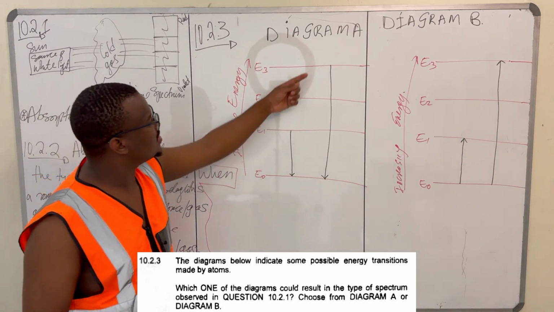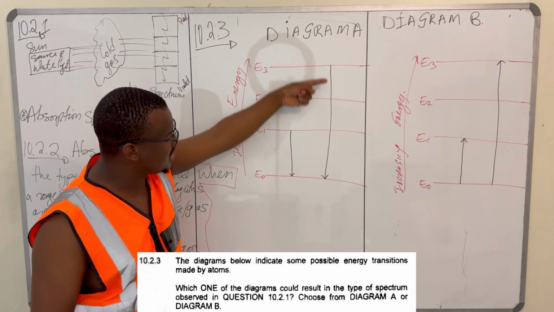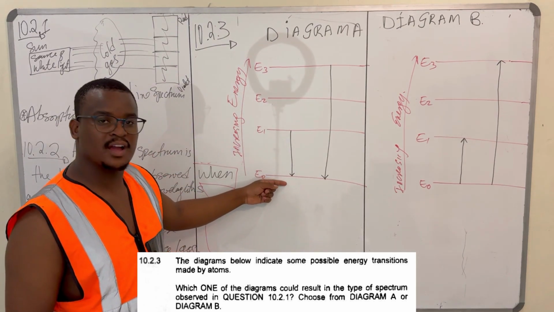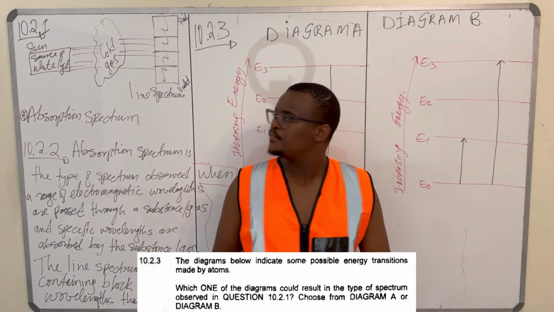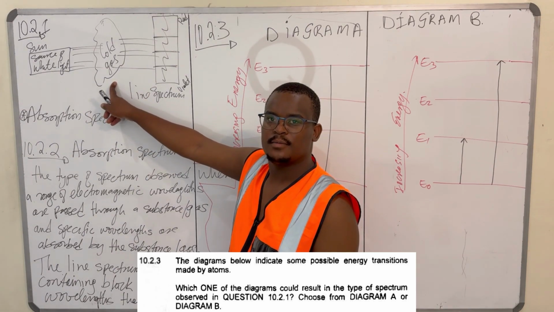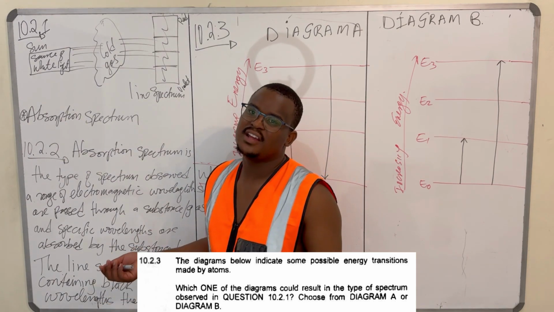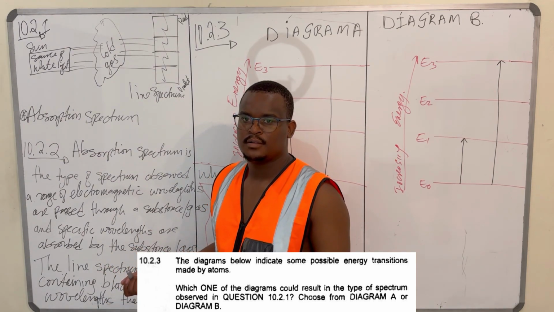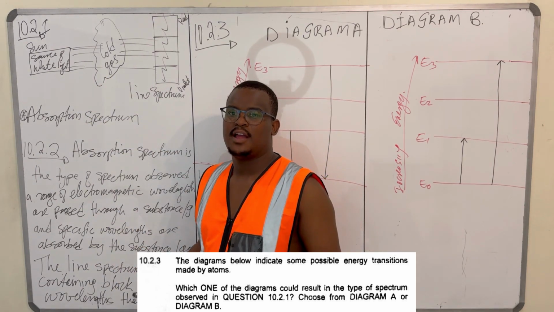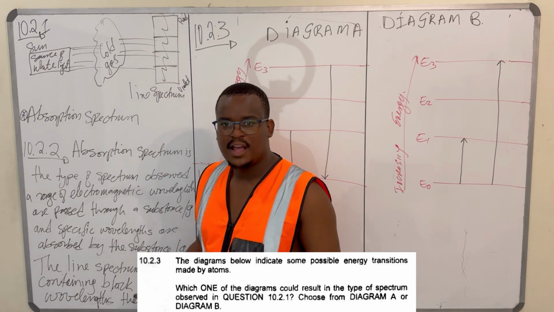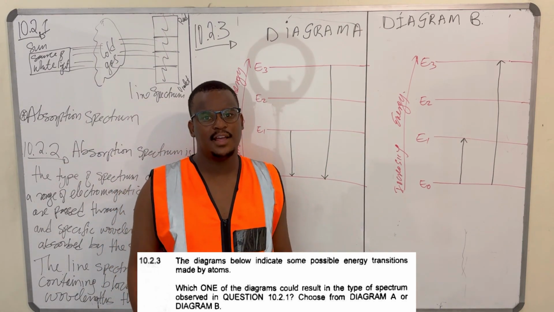If you look at this one, you can see the energy decreased from here to there. But if you look here, the energy from here to there increased. So the energy has been absorbed there. Specific energies of that white light have been absorbed, which means the energy of those atoms has increased, and our electrons are more or less excited.